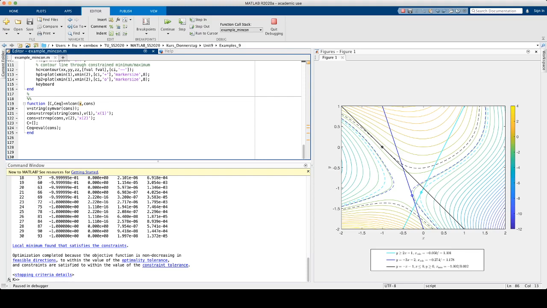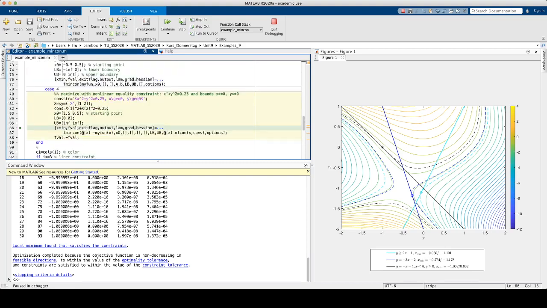In c, you can specify the inequality constraint, and in c_ec, you can specify the equality constraint. Let's put a breakpoint here and see what is done in this function if we call the minimizer.